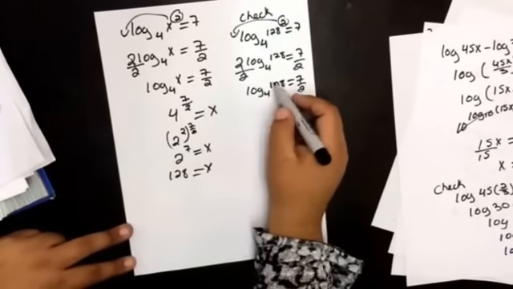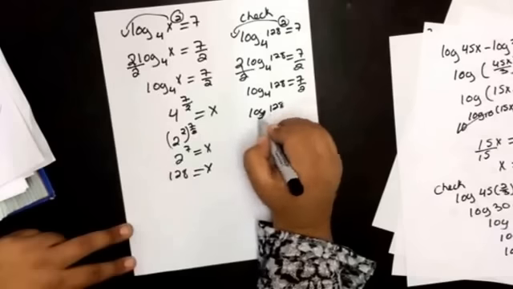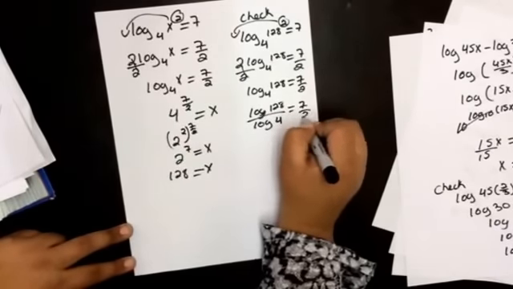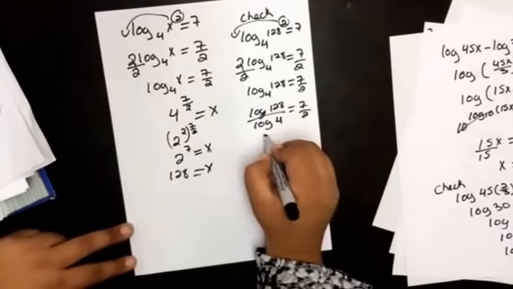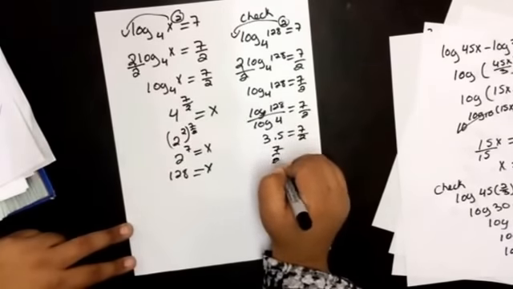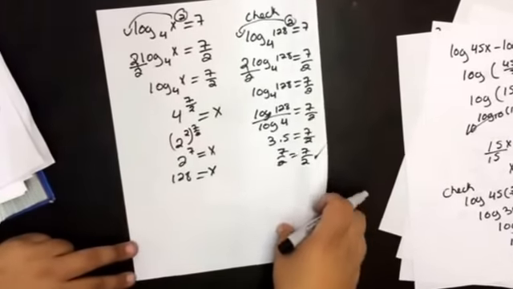This, we can change to base 10, and we can write it as log of 128 over log of 4 equals 7 over 2. If you plug this into your calculator, you get 3.5, which is 7 over 2. So it's a solution.